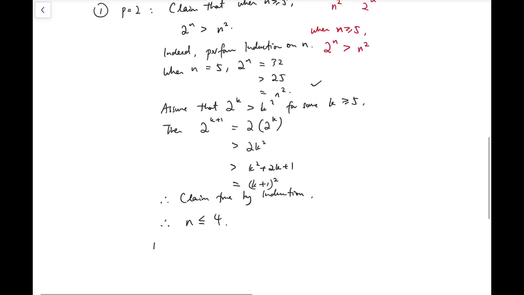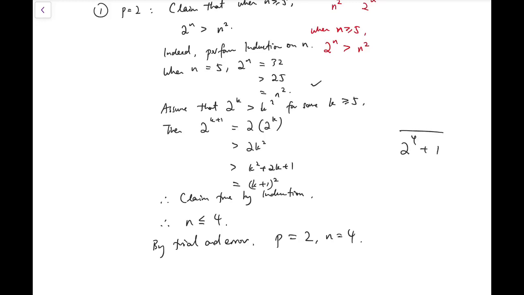So, by trial and error, p must be 2 and n must be 4. And this holds because 2 to the 4 is equal to 1.